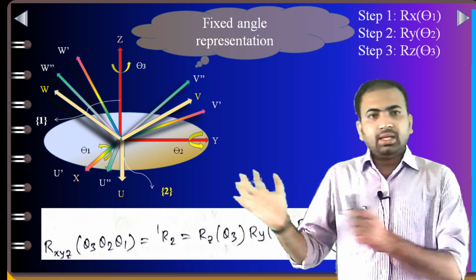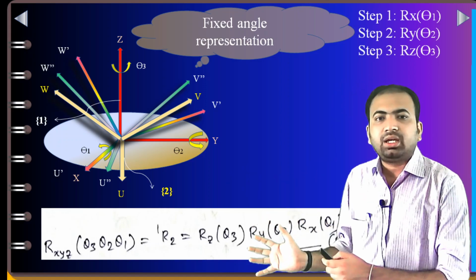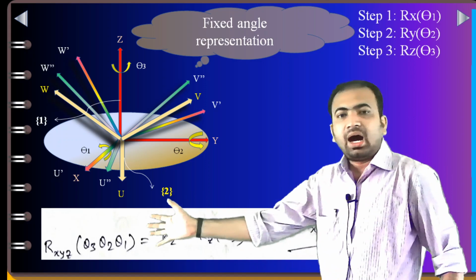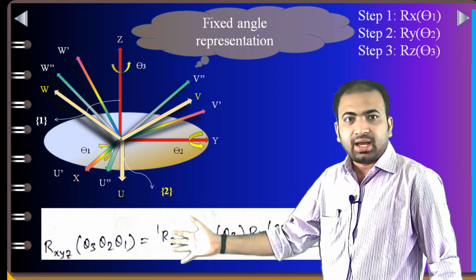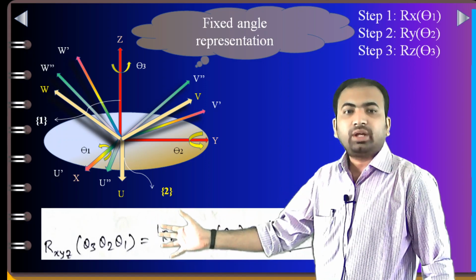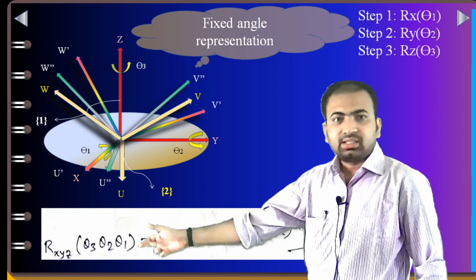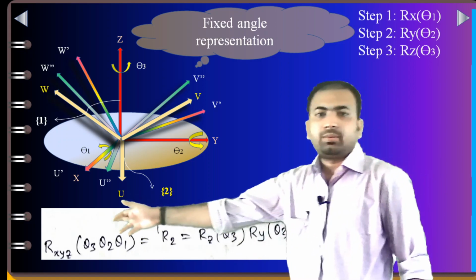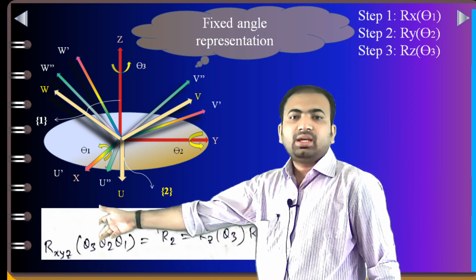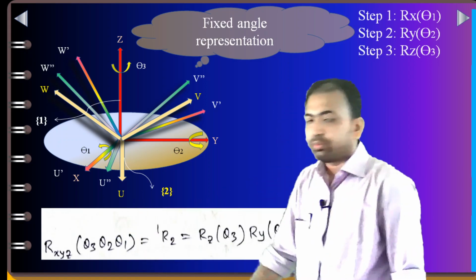So in this case we write it in the form of Rxyz, as first we rotated the x axis, then the y axis, then the z axis. That's why we have written Rxyz here.